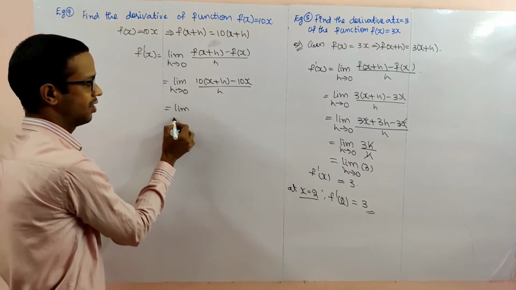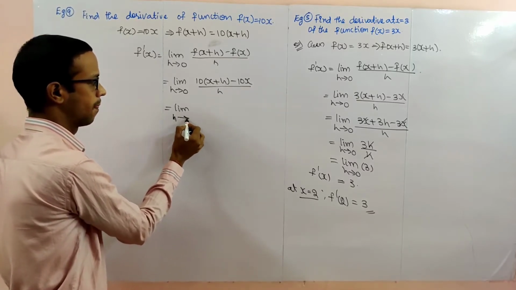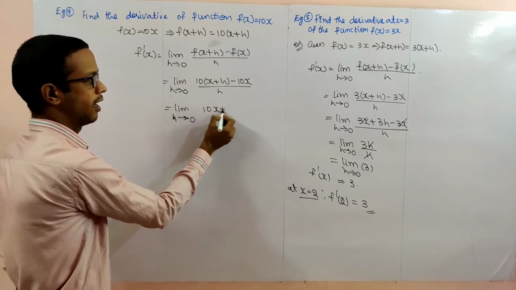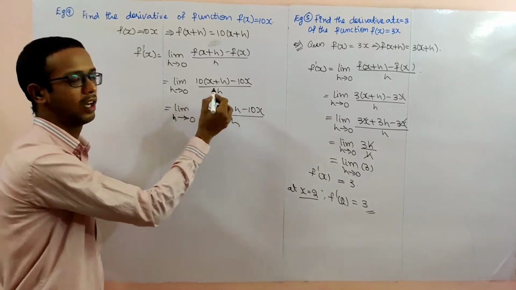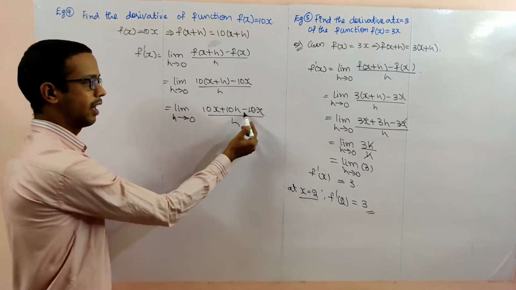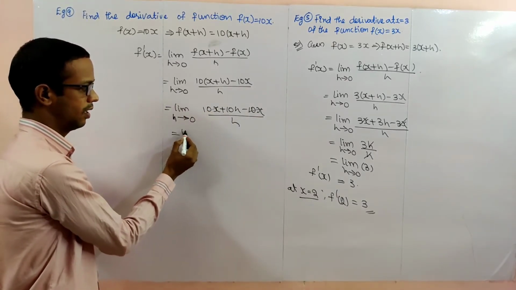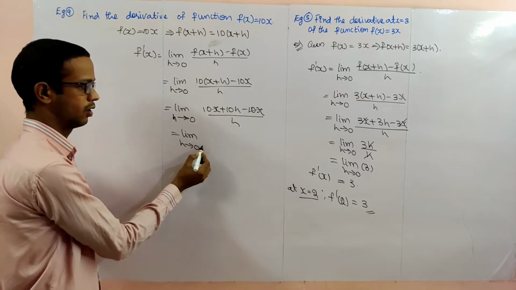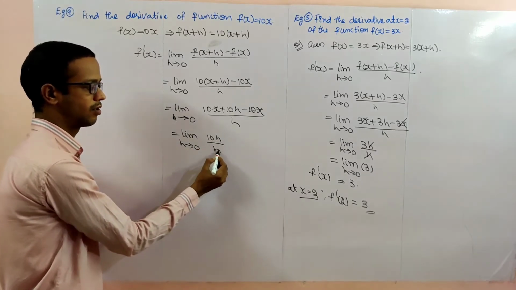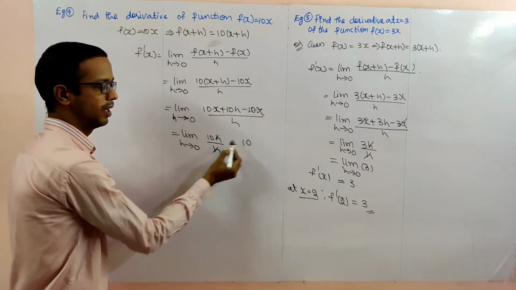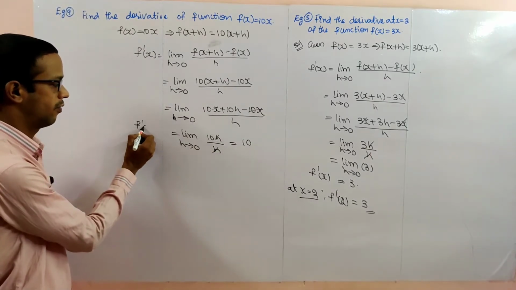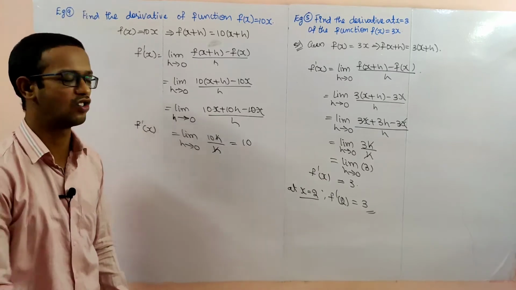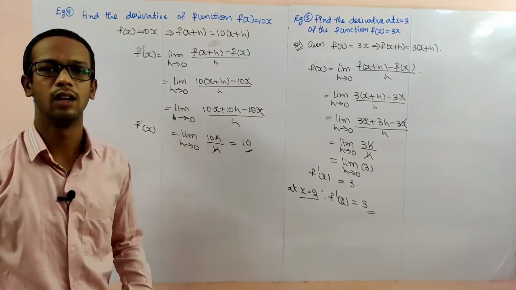Then 10x plus 10h minus 10x divided by h. Multiply 10 inside; here 10x gets cancelled. Limit h tends to 0, 10h by h gets cancelled. Limit of a constant function is constant. So the derivative of the function is 10.